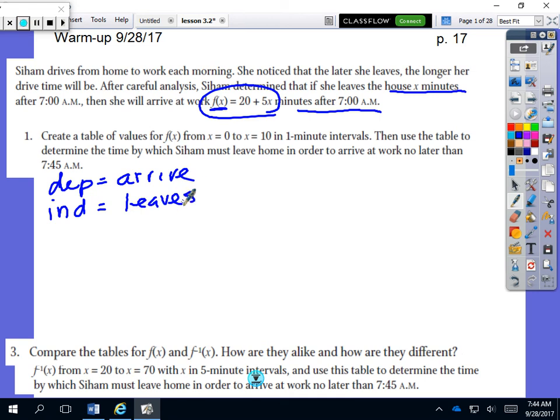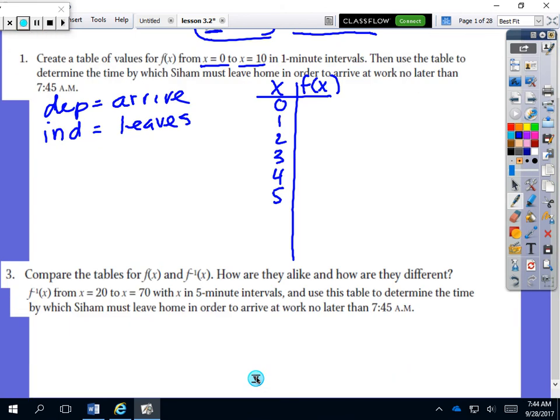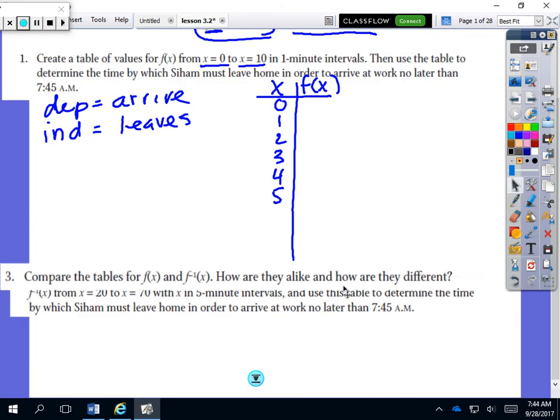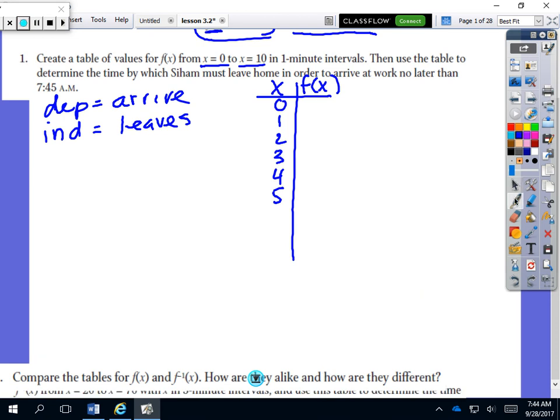Okay, so we're required to create a table of values for f of x, starting with x equals 0 and ending at x equals 10 at 1 minute intervals. So x, f of x, starting at 0, 1, 2, 3, 4, 5, 6, 7, 8, 9, 10.